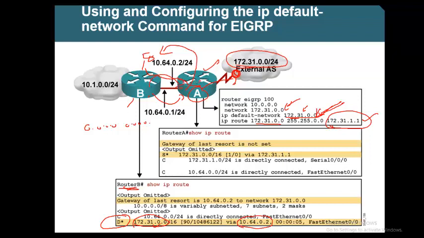And the very next router knows where to forward, and it delivers. In short, what I want to say is, instead of writing a default route on every single router, we make use of EIGRP to distribute the default route.